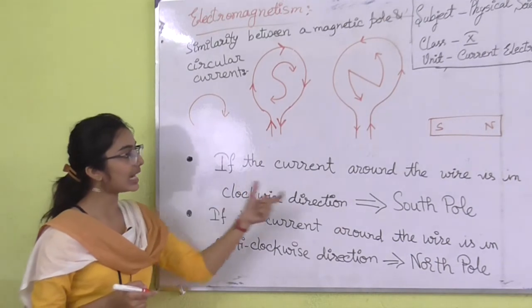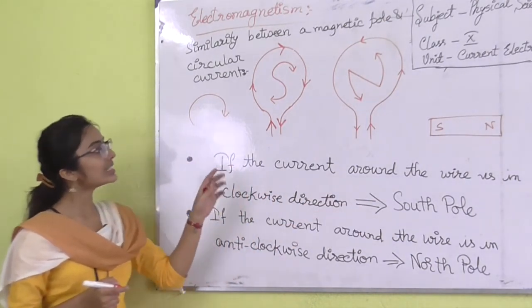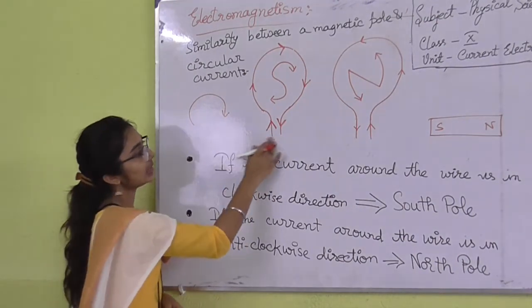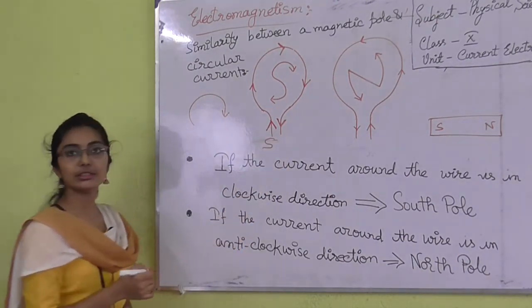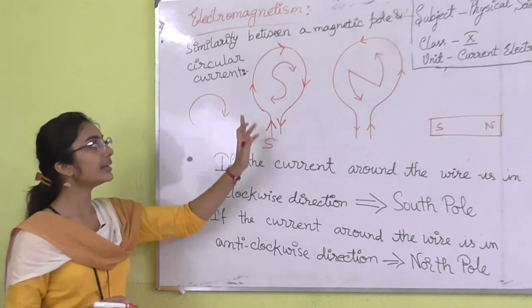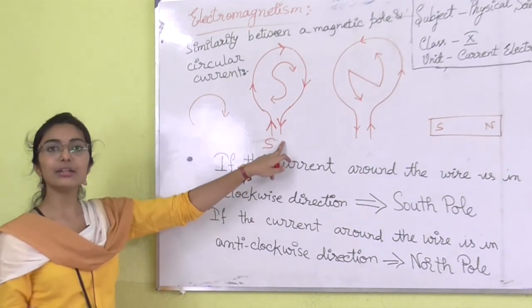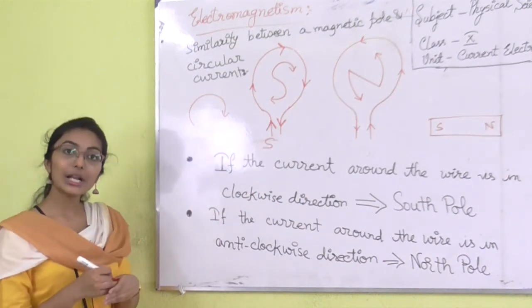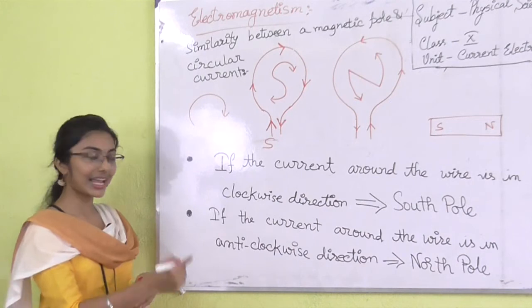So, it gives us the south pole. The polarity of this end is south and the polarity of the opposite end will be north. This is the way to determine the polarity of a current carrying wire.